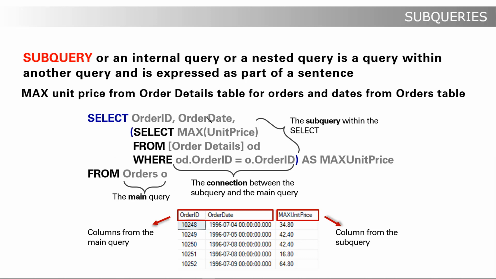We have the order date, which also belongs to the orders table, and from the subquery we receive the max unit price from the order details. We connect the subquery and the main query with where and the related column, the order ID. Let's see it in the SQL Server.